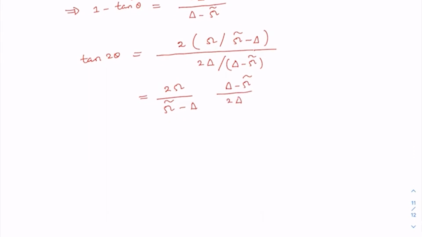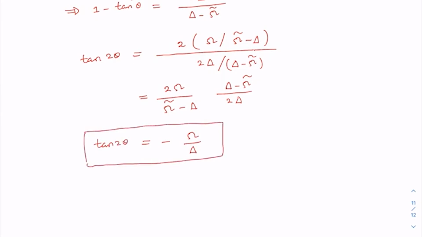So this will lead me to minus omega by delta. So I have proved it, but let me make the limit of the angle, that this theta has to lie between 0 and pi by 2.